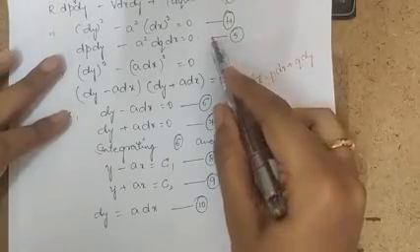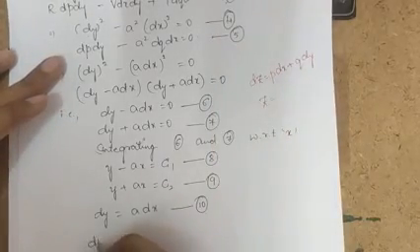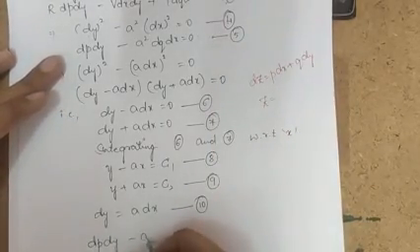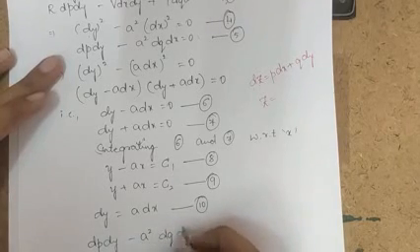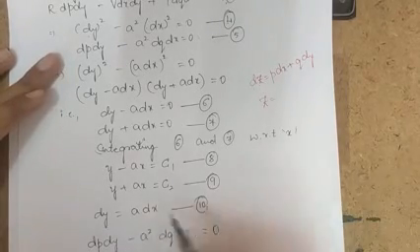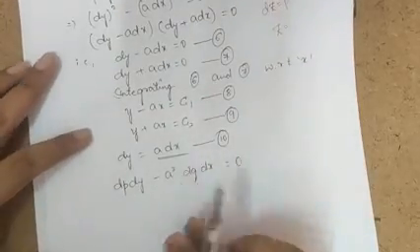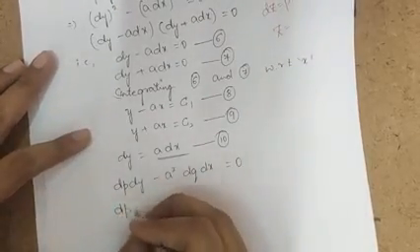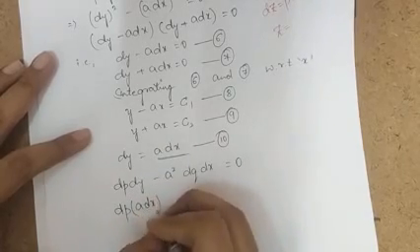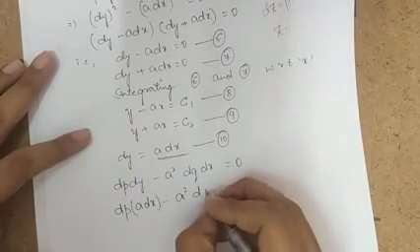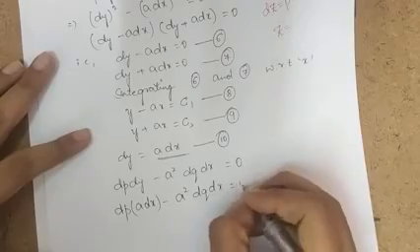From equation 5, I can write dp dy minus a square dq dx is equal to 0. So I know the value of dy. Substitute dy here. You will get dp into a dx minus a square dq dx is equal to 0.